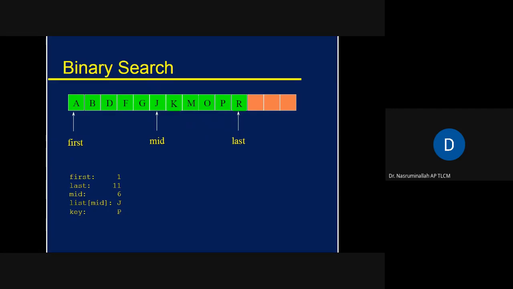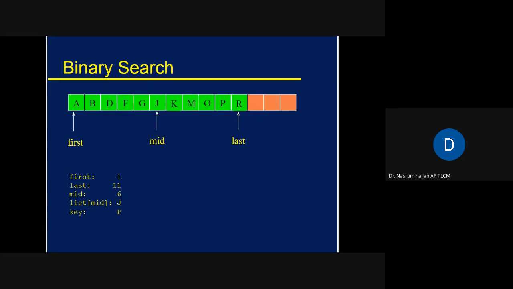So we have a left half and then we have a right half. That's why it is named binary search. It is dividing it into two parts, and one of the two parts is considered in the next step. Here in this step we will consider the right half.